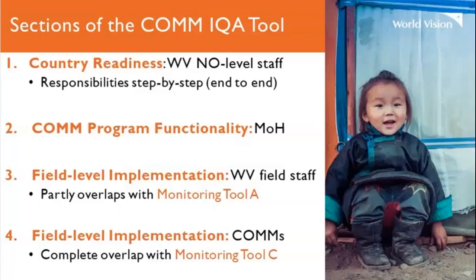You'll see that in my COMM IQA, the last 2 tabs distinguish between what World Vision staff do versus what the COMMs do, partly because we have more control, so to speak, over requiring quality of our own staff than we do of requiring it of the COMM.